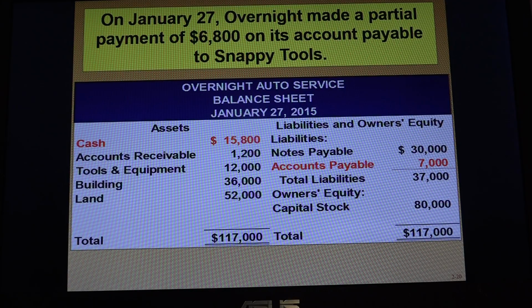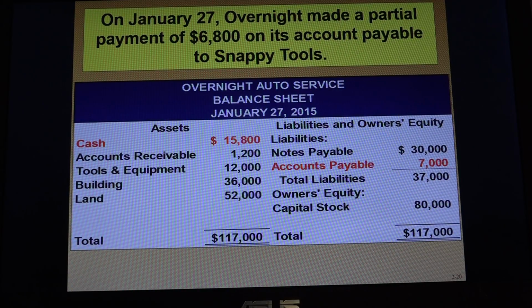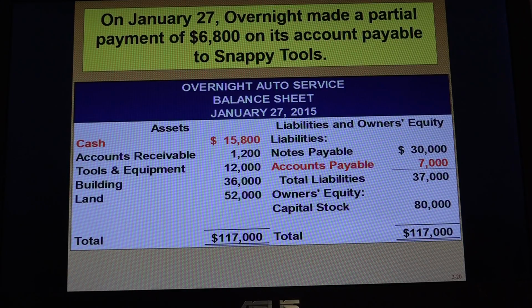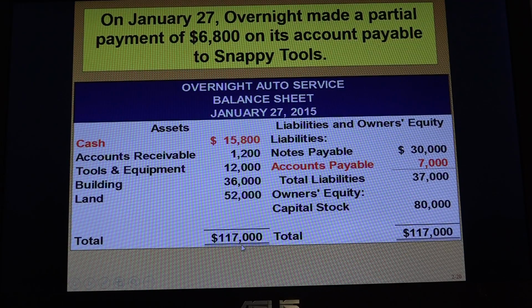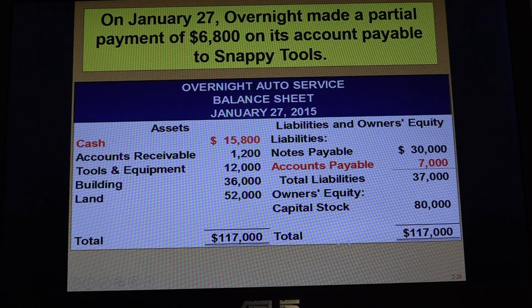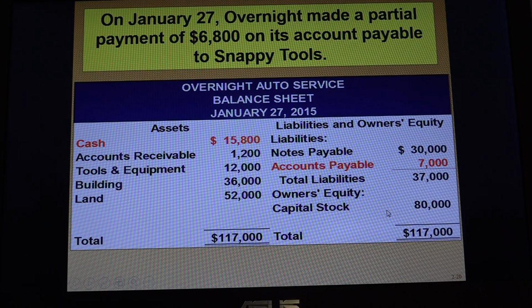So they pay $6,800 out of cash, reducing cash to $15,800. So a reduction in an asset account of $6,800 and a reduction in a liability account of $6,800. So note everything's still in balance.